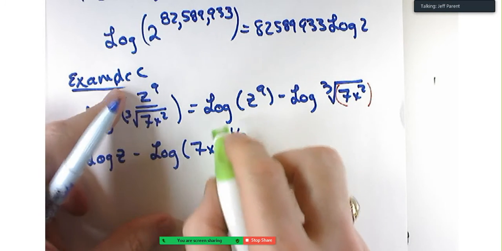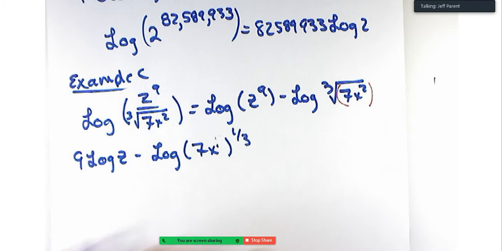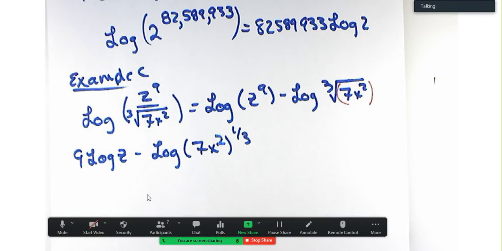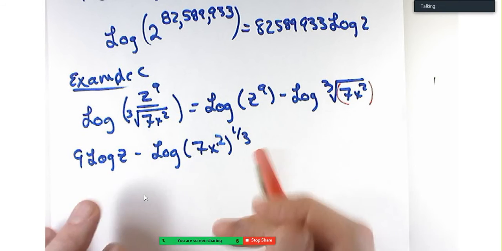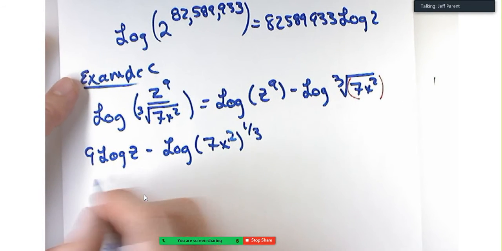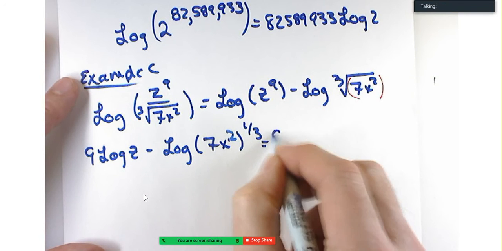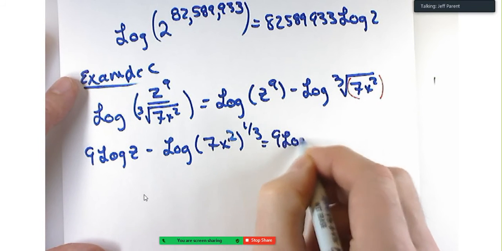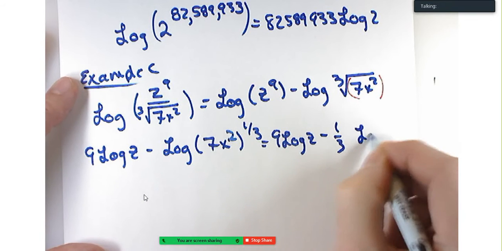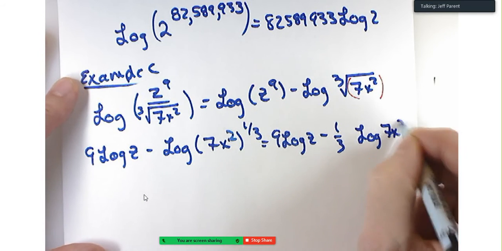Let's make that look a little bit better. All right. So the 1/3 can come out in front, and that'll give me 9 log of z minus 1/3 log of 7x squared.